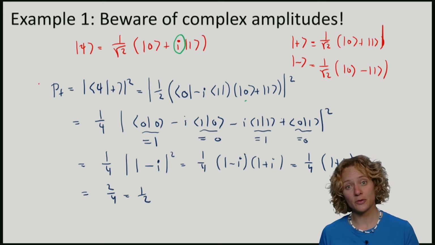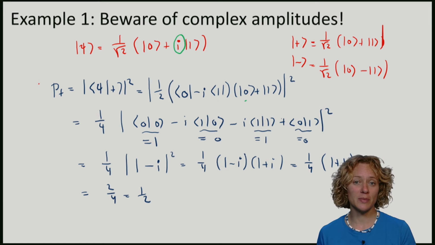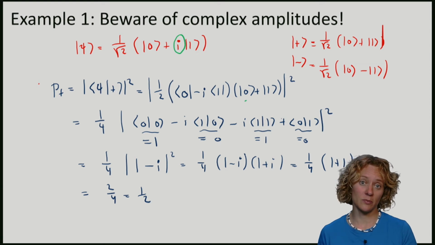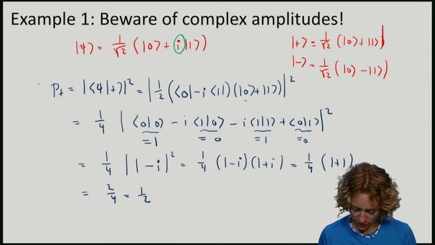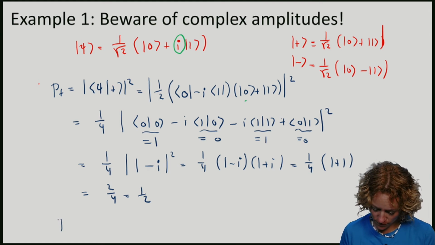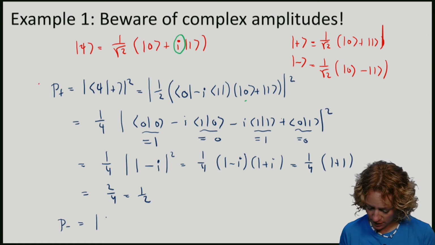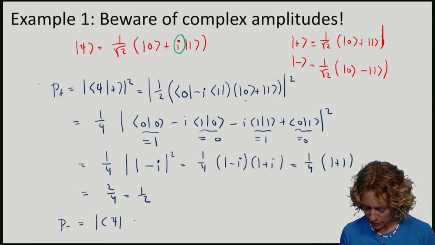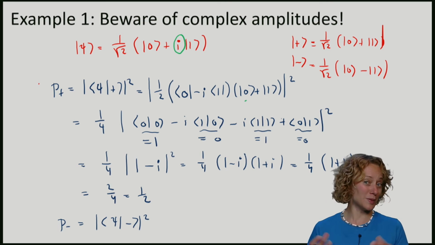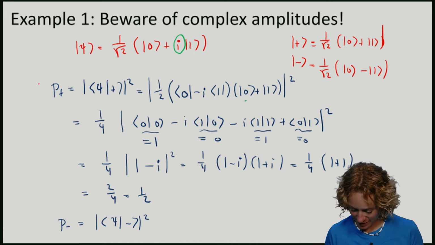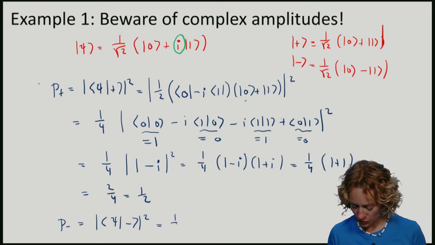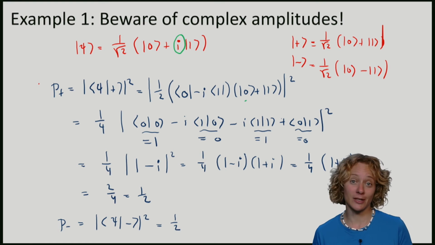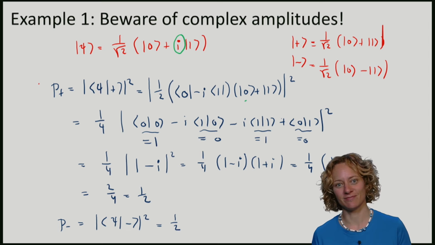So of course, you could also now compute the probability of getting outcome minus. And if I were to do that, again by our rule, the probability is given by the inner product between psi and minus. Because probabilities should add up to 1, it's clear that what we should be getting here is also a half. And I encourage you to do this calculation.